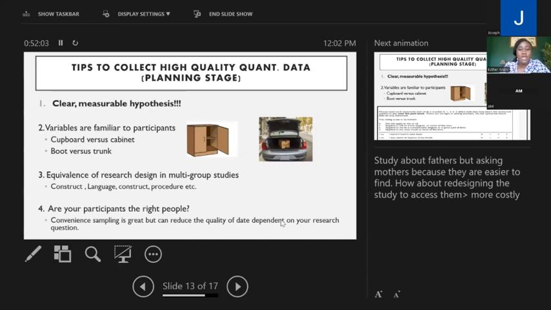So if your questions are for individuals who are, let's say, about to get married, so they are doing premarital counseling, right? Those who are single cannot answer those questions. So you want to make sure that you ask questions and skip patterns, if you have to use skip patterns, to make sure that it's the people who need to be answering the questions who actually answer the question.